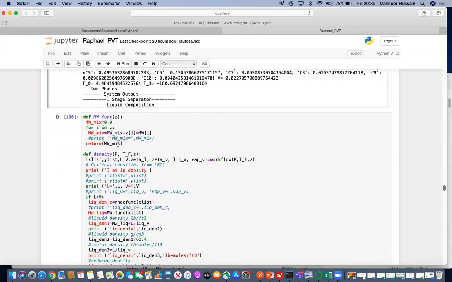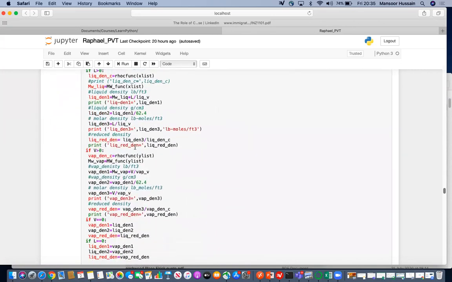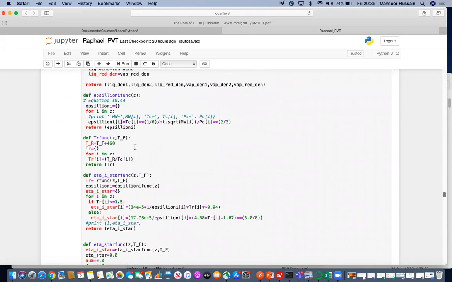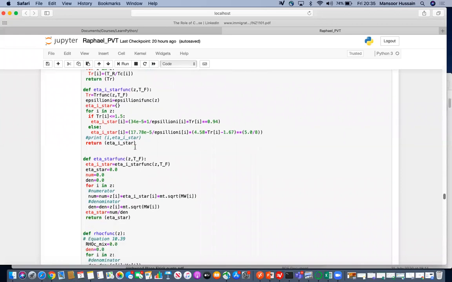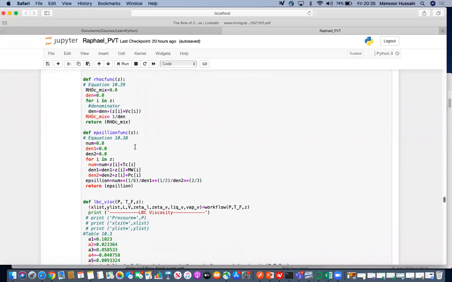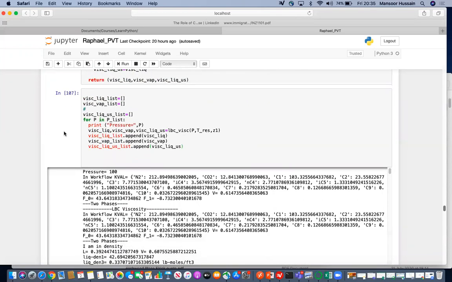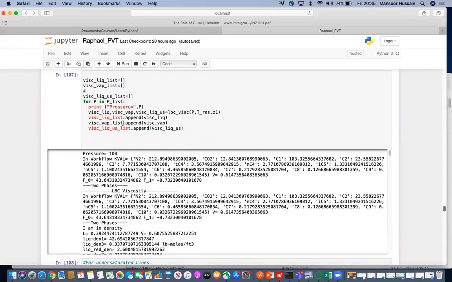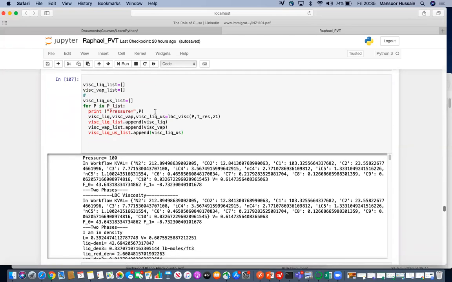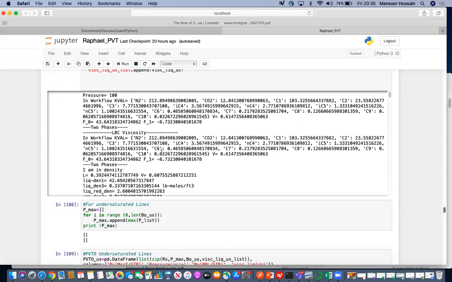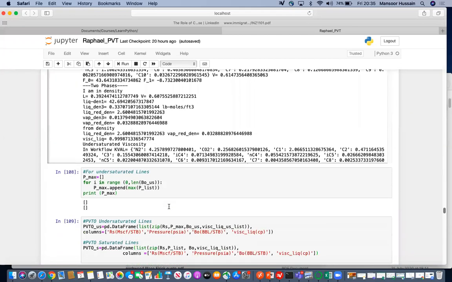Then this molecular weight function, this density, and these functions are simply coding the Lorentz-Bray-Clark correlation for viscosity. So there's no magic there. And once you run this cell, it will generate all the information for viscosities.